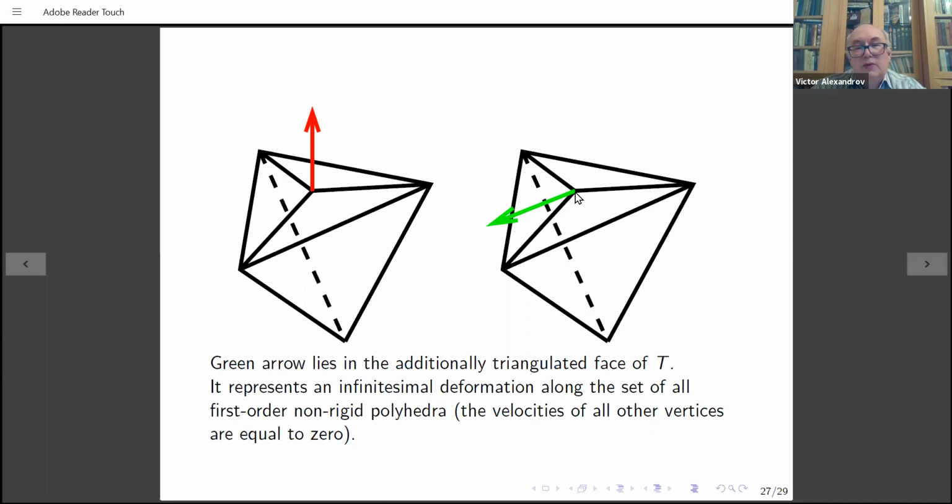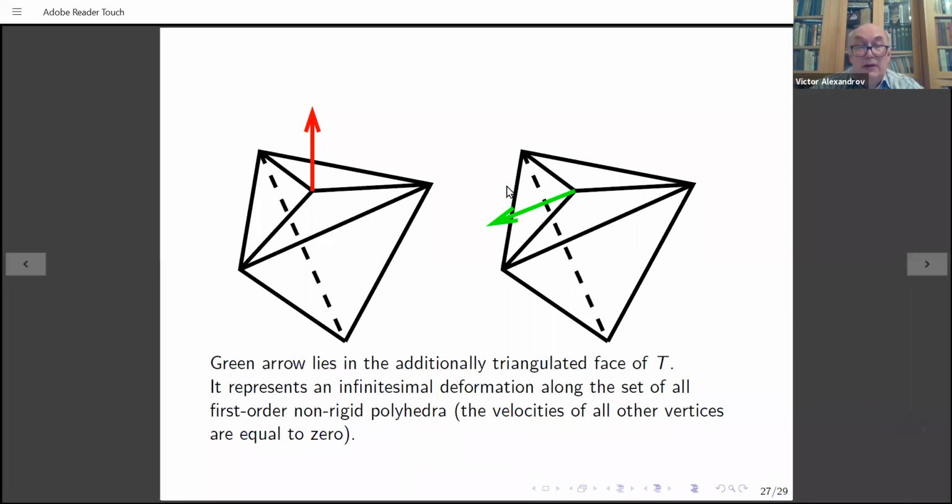You should move this vertex within the plane of this additionally triangulated face. And if you want to have a first order flex, you should move this vertex in the direction perpendicular to this plane.